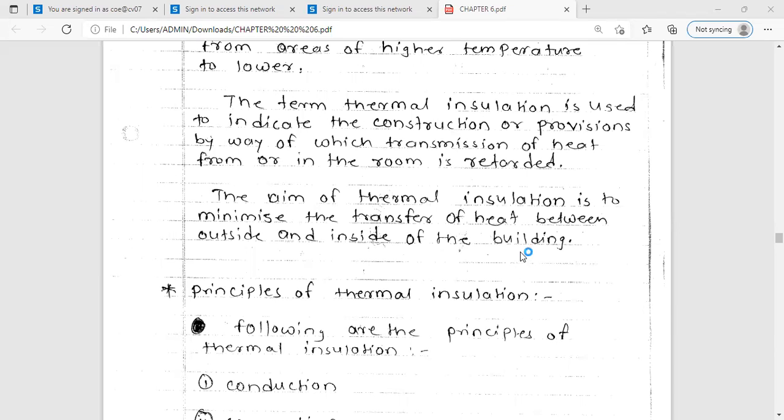And when we go outside, if there is too much variation between the inside and outside temperature, it will also have an adverse effect on our body. So we have to take proper care that the temperature difference should not be more than 8 degrees Celsius.